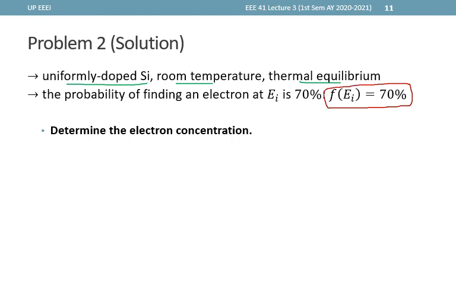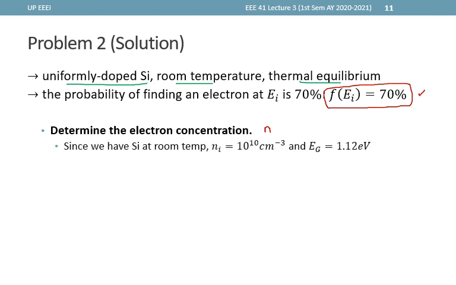So the first question is determine the electron concentration N. The main information that we have here is that f of EI is equal to 70%. If we go back to the equation for the Fermi function, it actually relates the energy level with respect to EF. So using that, we can first determine how far EI is from EF.